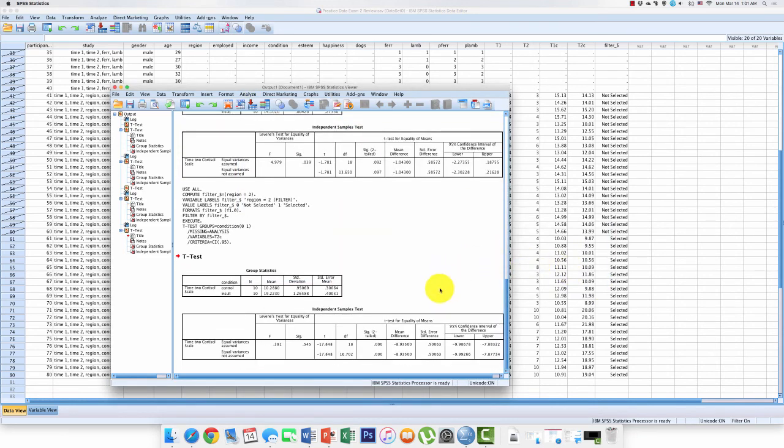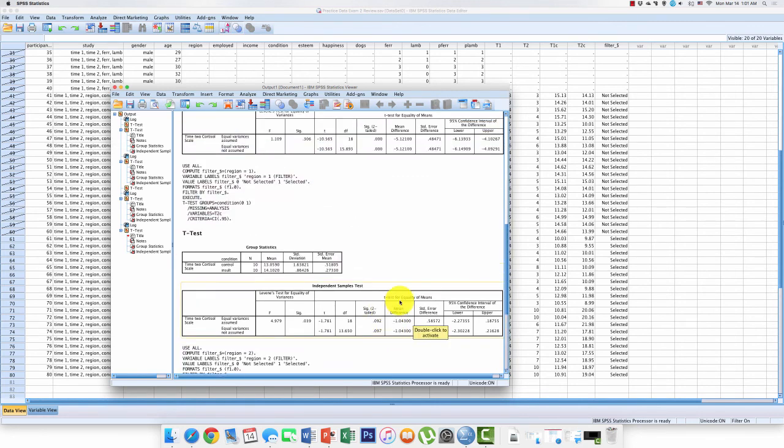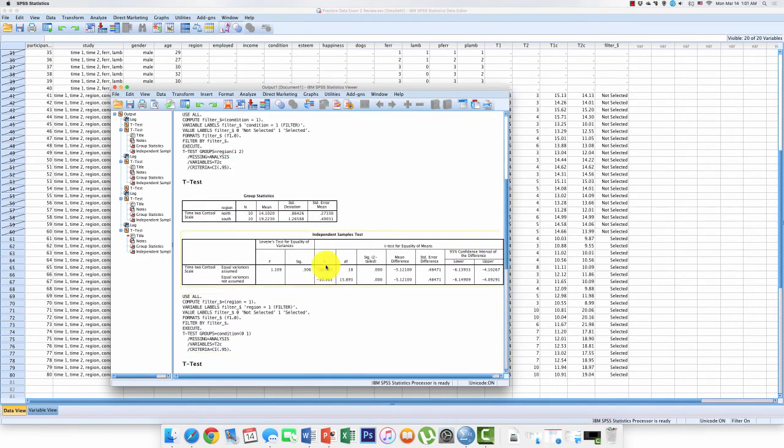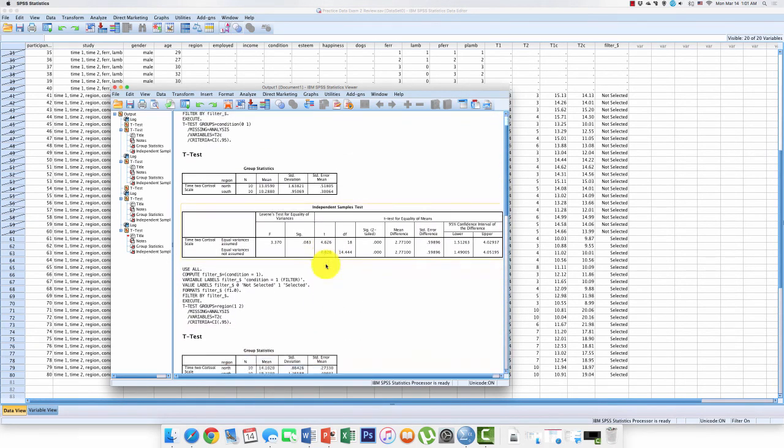Hit OK. And we see that there is a significant difference here for cortisol levels in the south, comparing control and insult. So on your guys' homework assignment, you're going to be getting a total of 8 means and standard deviations.